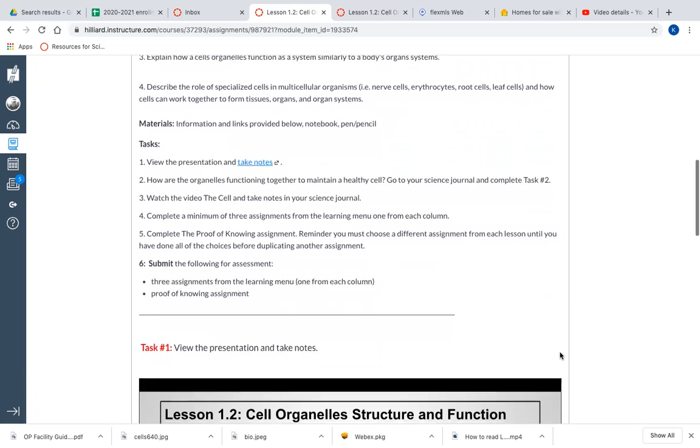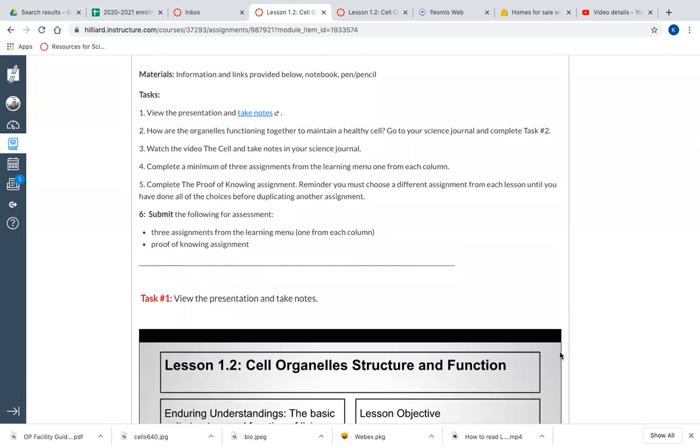All right, you don't really need much for this lesson other than your iPad or laptop computer. Take notes if you'd like to; you do not need to submit those. The second task is to look through the presentation, and I'll read that for you in a second. Watch the video and then complete the 3 items in the learning menu.